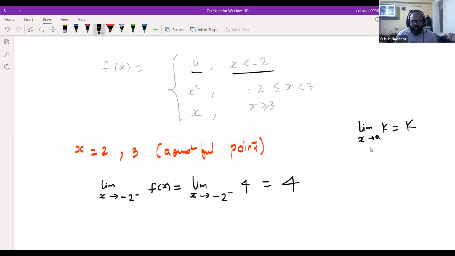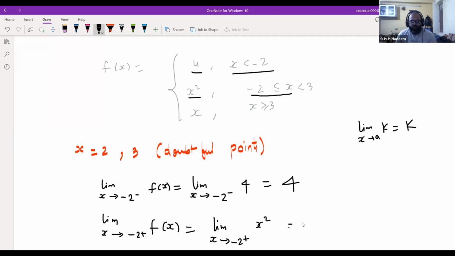Now the limit as x approaches -2 from the right, that is x greater than -2, the function is x square. So the limit of x square is -2 square, which is 4.